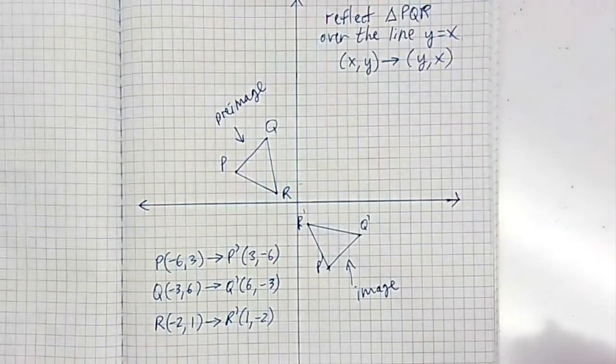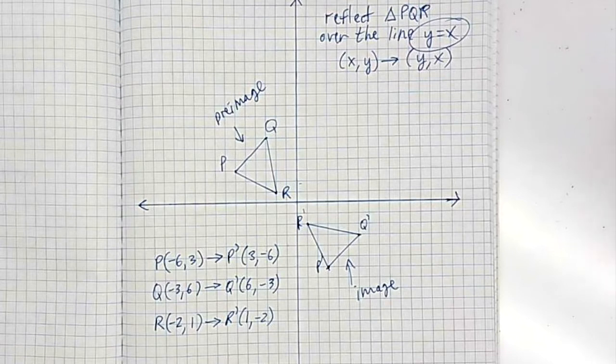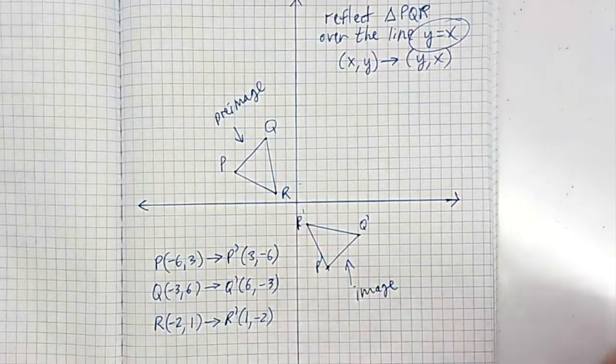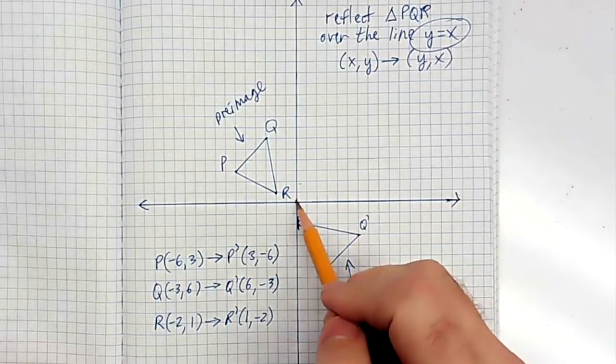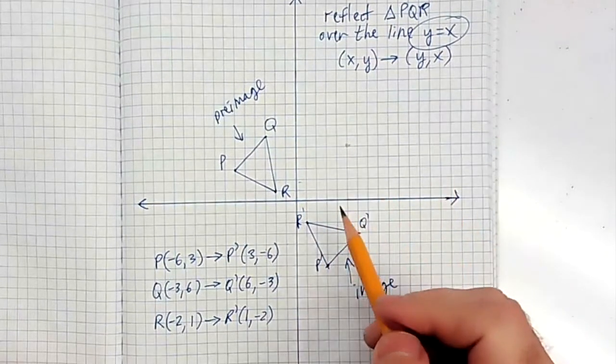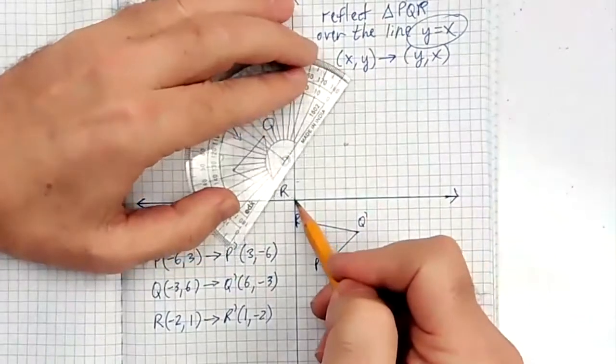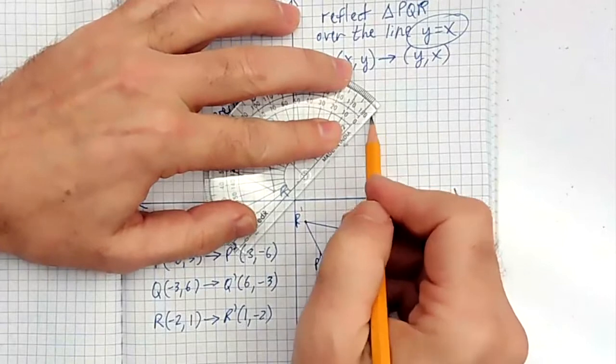And one other thing we should do is draw the line y equals x. So probably the easiest way to do that is to just pick 2 values where your y and your x are the same. For example, (1, 1), (2, 2), (3, 3), (4, 4), (5, 5), right? And then I can go ahead and take my straight edge and, going through the origin, go through those points, right?